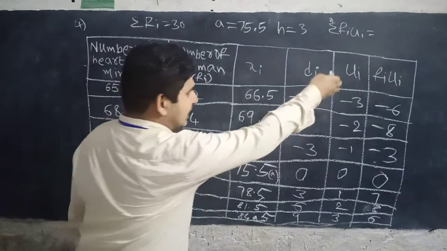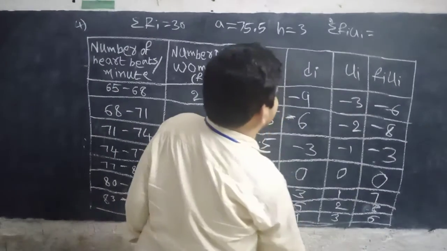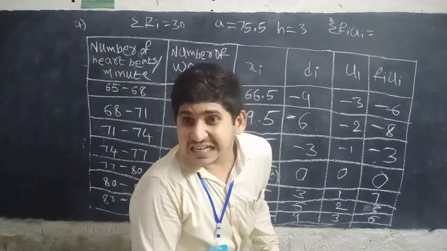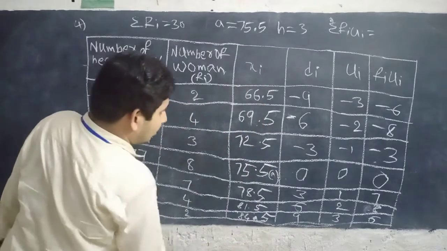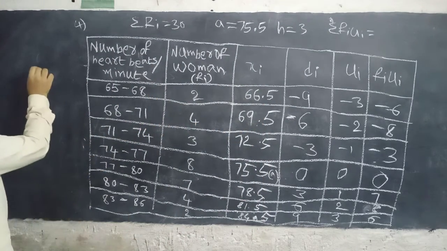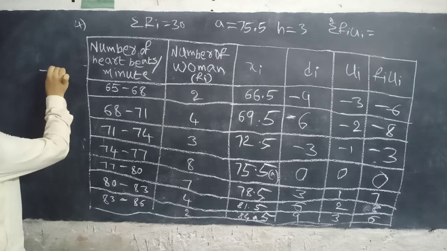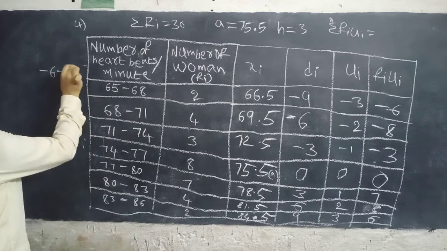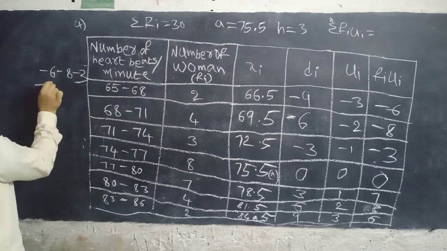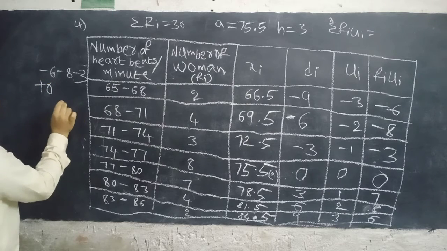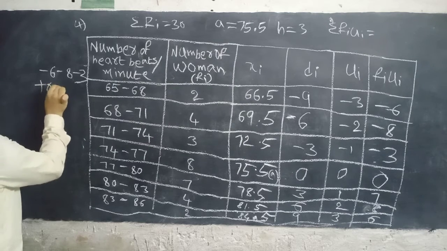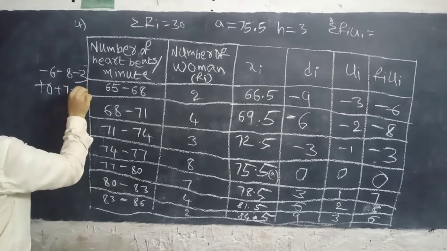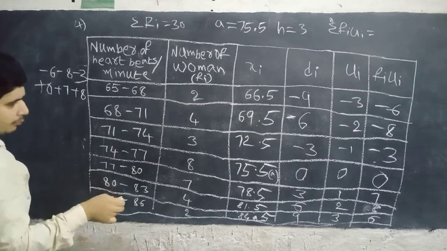Now you have to add these values, fi ui values. Nothing but sigma fi ui. Now we are adding minus 6, minus 8, minus 3, plus 0, plus 7, plus 8, plus 6.